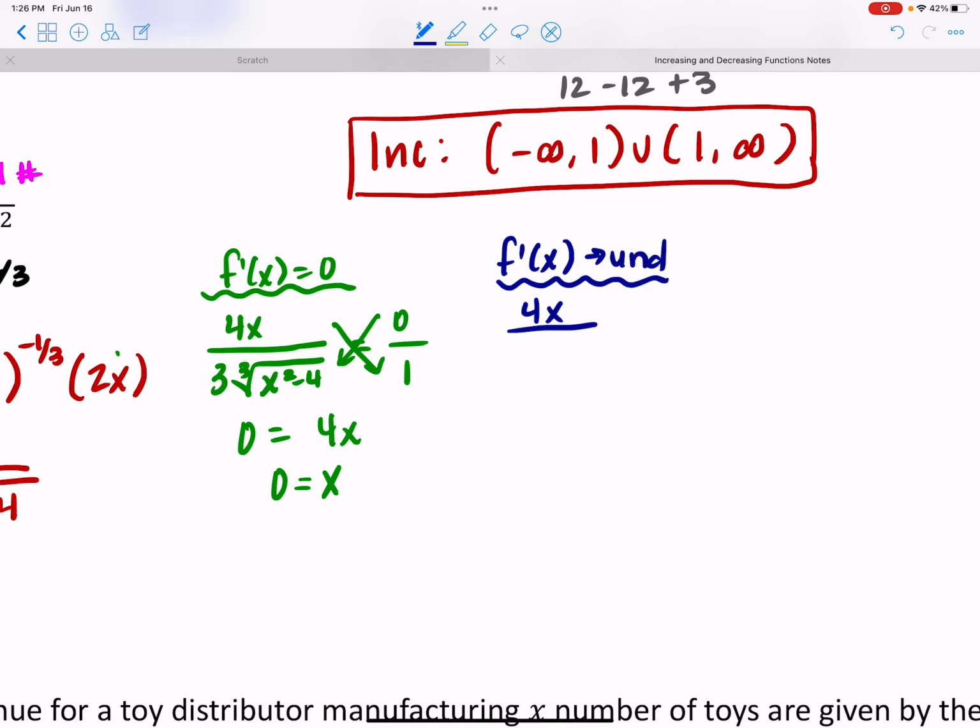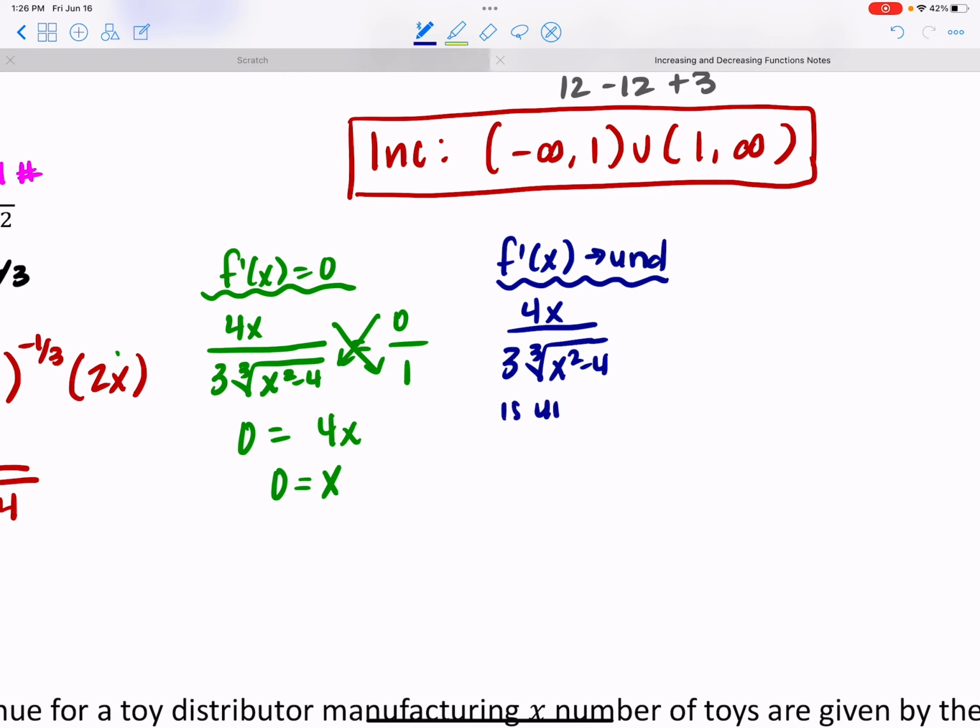So when is 4x over 3 times the cube root of x squared minus 4, where is that going to be undefined? It's going to be undefined when our denominator is equal to 0. So let's do this.